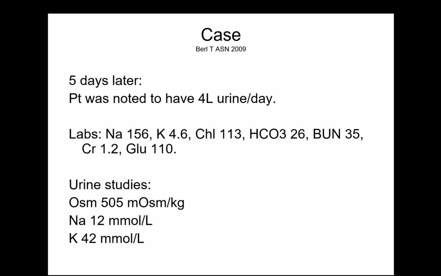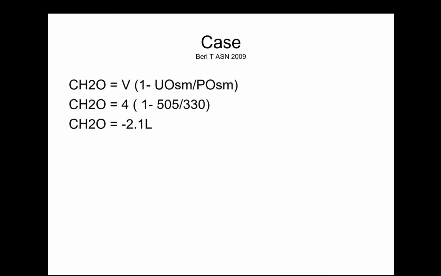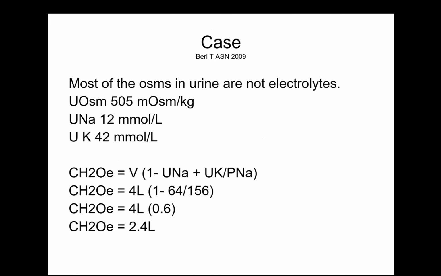So now we go back and we don't look at just total urine osm, because here we're interested in hypernatremia, right? So we're interested in water in relation to electrolytes. So instead of using total urine osm, we use urine sodium plus potassium divided by plasma sodium.